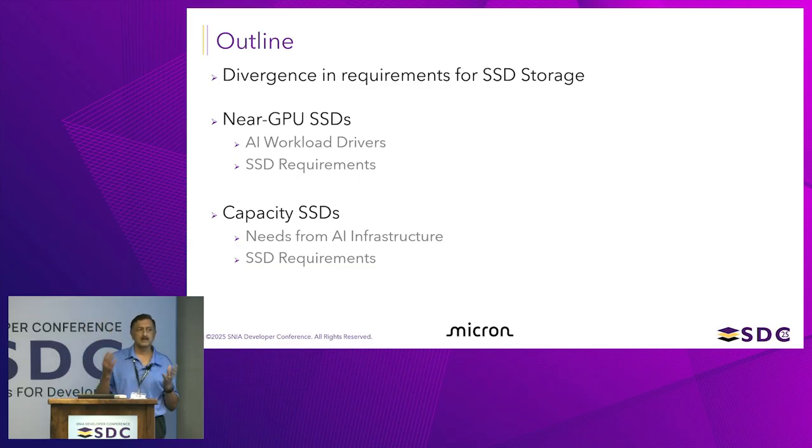We'll talk a little bit about the workloads that are driving some of this, and then what type of SSD feature or architecture requirements they drive, and therefore what aspects of those architecture features the SSDs should optimize around. So that's effectively how we break this down.